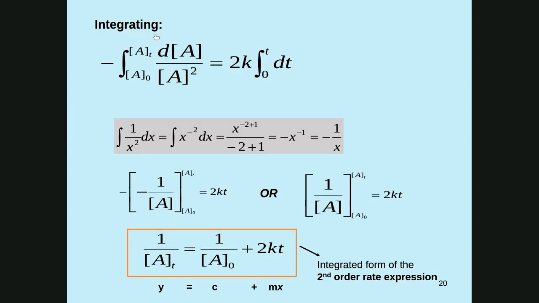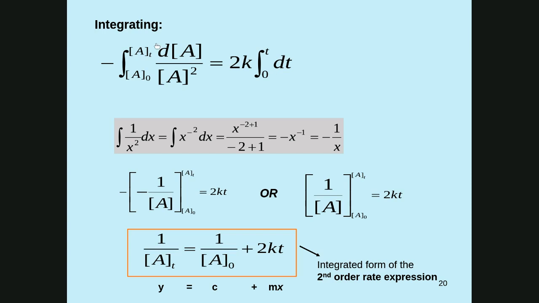So we have put the integral signs on both sides. At time 0, we have a concentration of A equal to A0. At the future time t, its concentration is the unknown A at time t. Now, again, the integral on the right-hand side is trivial. It is again t. 2kt is what you end up with here.